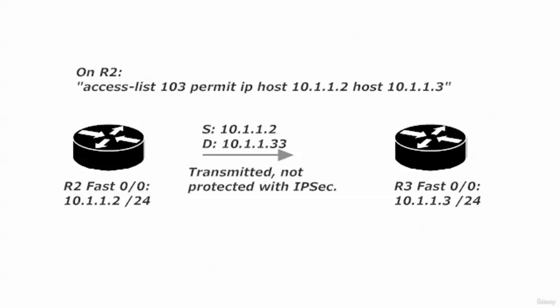So what is the second line of this ACL? I know I didn't tell you what it is because I didn't write one, but what would the second line be? It would be access list 103 deny any, because that's our implicit deny. So this traffic does not meet the ACL requirements. It will still be transmitted, it just won't be protected by IPsec.